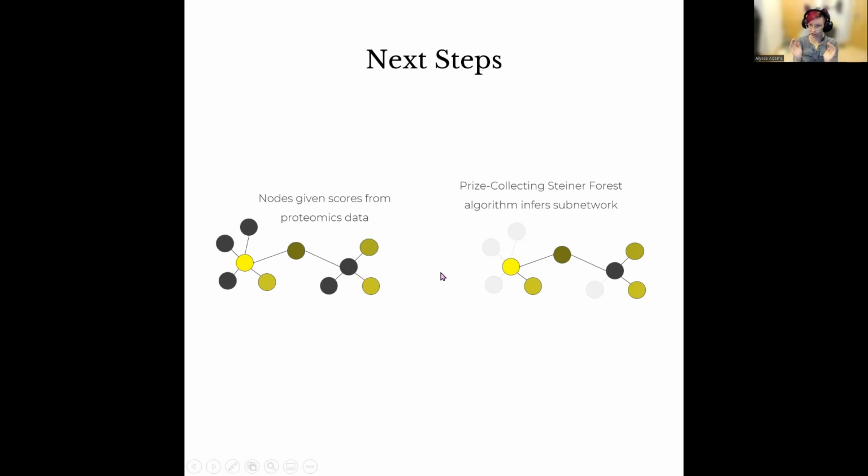Once we have those nodes scored, the prize collecting Steiner forest algorithm is going to infer a network, which is basically the smallest possible network that will have all of these high level prizes on it. So it's going to have these subnetworks containing proteins that are the ones that are changing during this infection process.